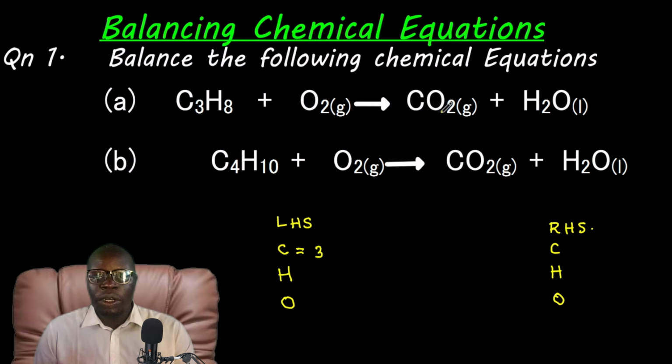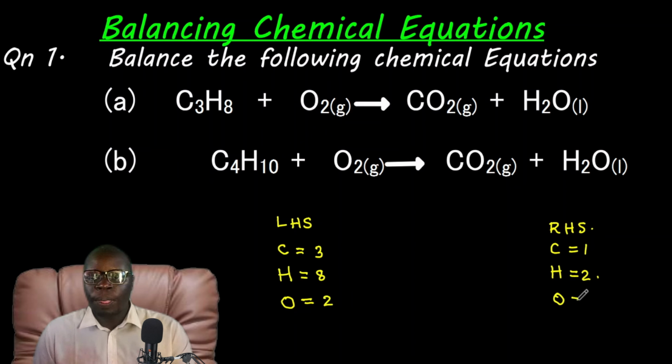On this side, we have 1 atom of carbon. From the reactant side, we also have 8 atoms of hydrogen. And from this side, we have 2 atoms of hydrogen. And from the left hand side, oxygen, we had 2. From this side, we have oxygen 2 plus 1, there are 3.